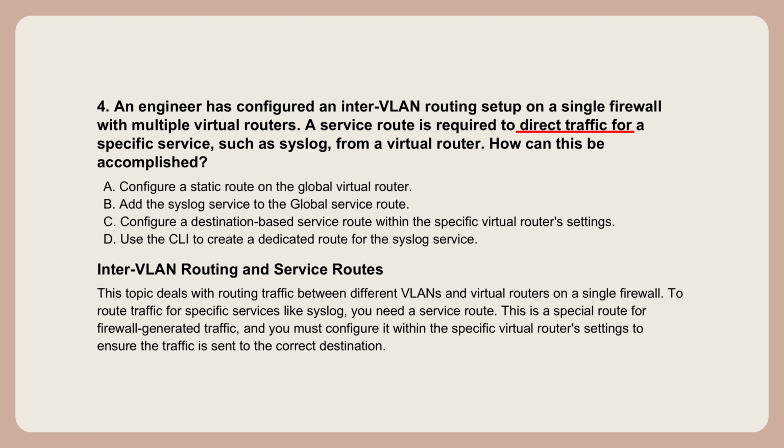By defining a service route within that specific virtual router's configuration, you're giving it explicit instructions: for traffic destined for this service, like syslog, send it this way, to this next hop or interface. So it's very targeted. Exactly. It's typically configured as a destination-based service route within the settings for that particular virtual router. It keeps things clean, maintains that segmentation, and ensures critical traffic like logs gets where it needs to go, reliably and directly. Right. Stops it wandering off or getting stuck somewhere unintended.